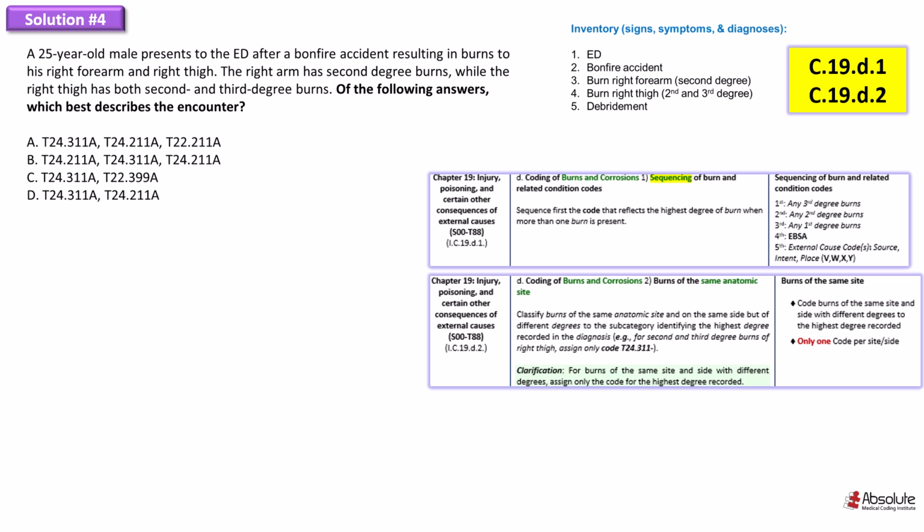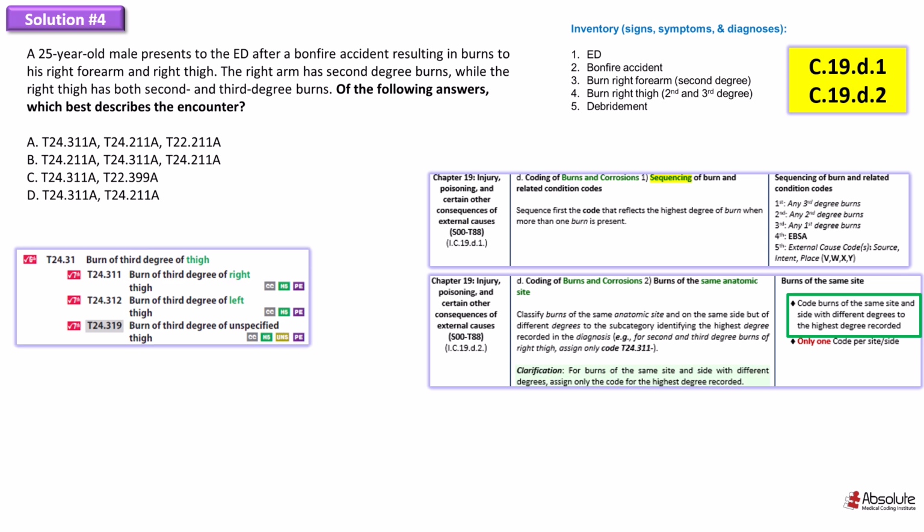When you do, you only code the highest degree. So if you have second and third degree burns of the thigh, same anatomical site, you're only going to code the third degree. I'm going to let that marinate for just a moment.